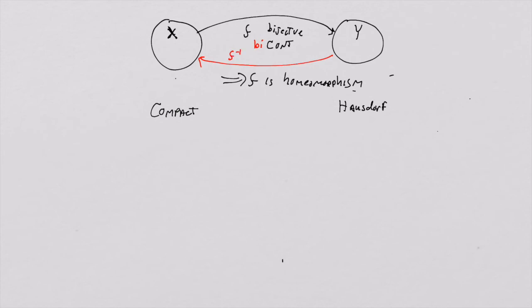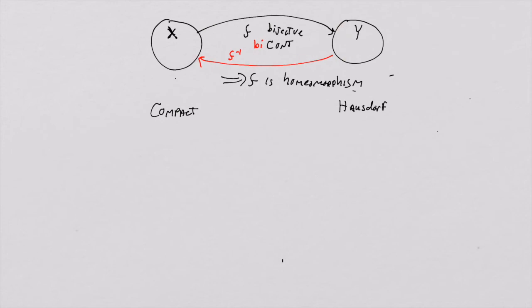As a reminder, for F to be continuous, that means F inverse maps open sets in Y to open sets in X. So for F inverse to be continuous, F has to map open sets in X to open sets in Y. And that's, of course, what homeomorphisms do. They take open sets to open sets in both directions.